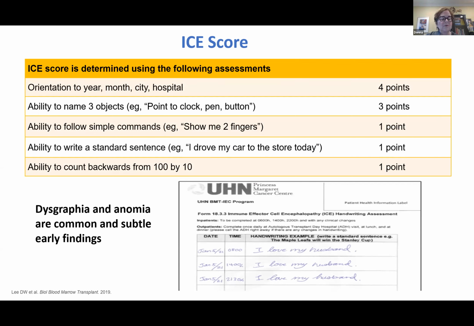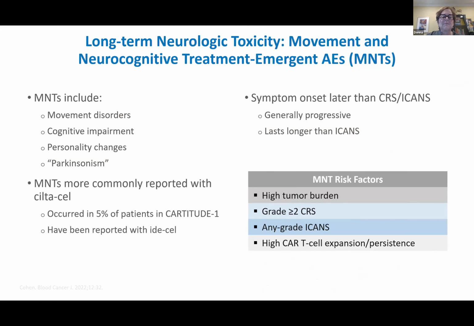This is an example of the scoring system. It's not that complicated. Deterioration in handwriting is one of the earliest signs, can be subtle, and problem naming simple items can pick it up early, and treatment can be initiated.